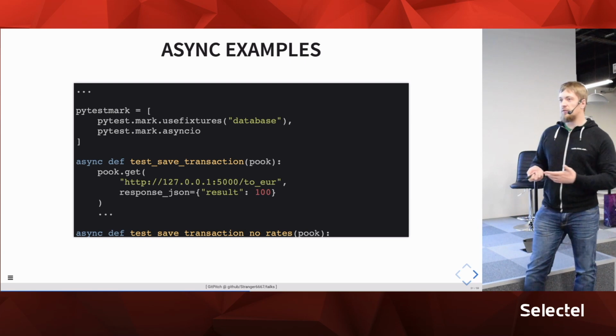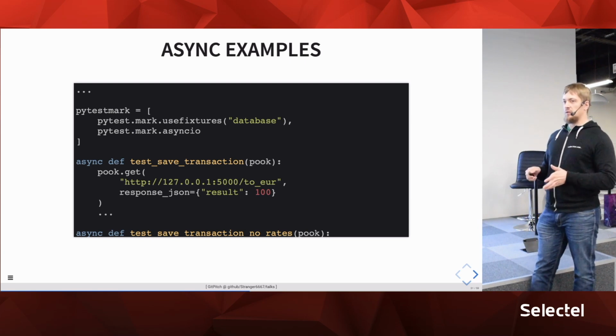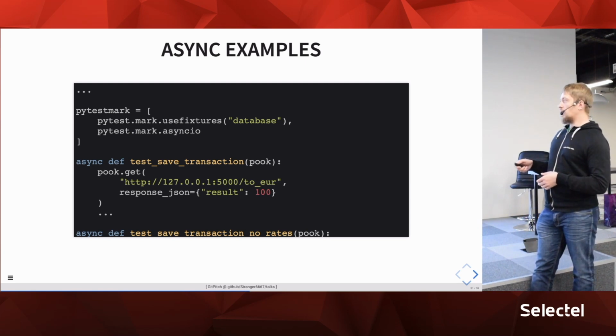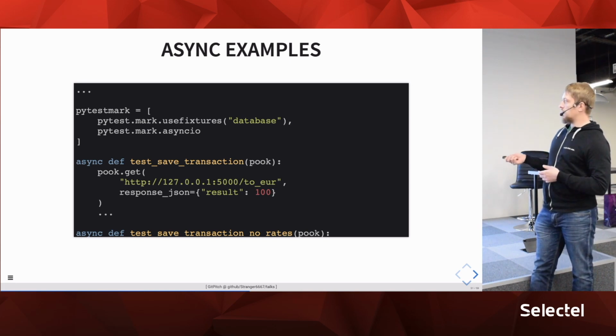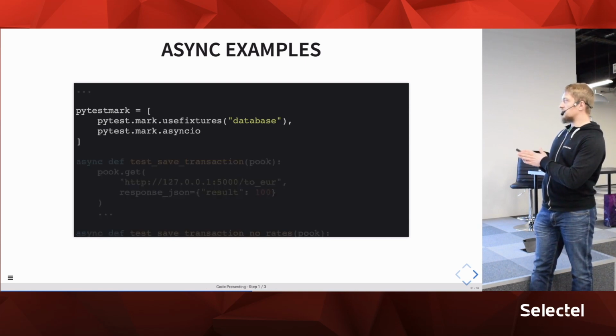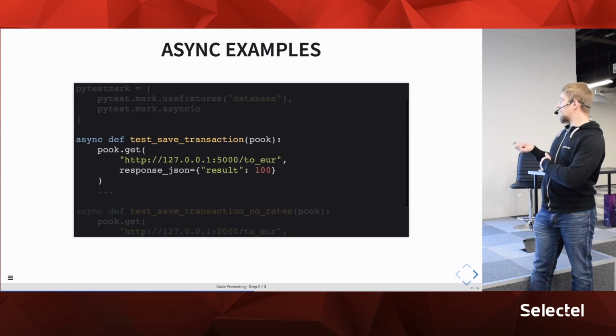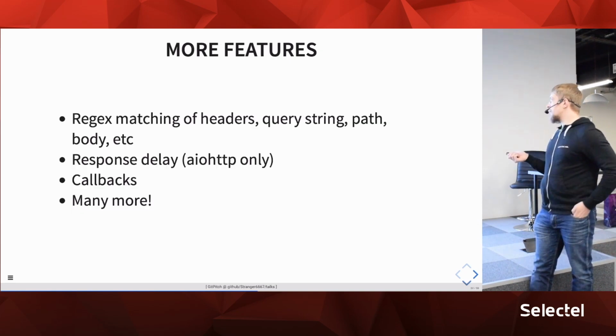So you don't have to use something else. You could use both asynchronous and synchronous code with the same mocking library. So the only difference is that you have to specify your tests as coroutines. And the rest is the same.